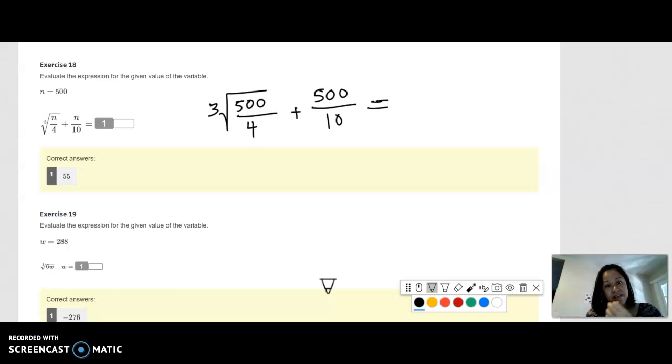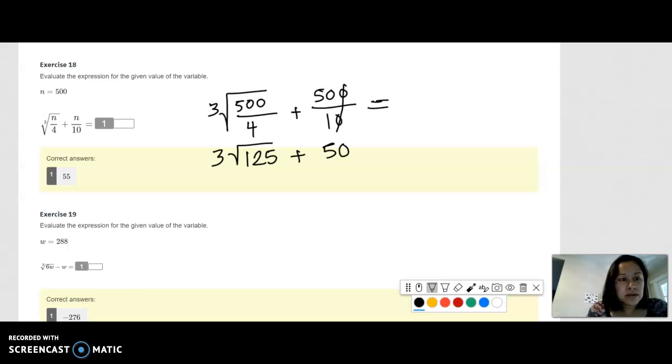So if you do 500 divided by 4, well, we know that 500 divided by 2 is 250. Divide that by 2 again, and you're going to get 125. So now we're really just going to find the cube root of 125. And then we can go ahead and simplify this side here. So you can eliminate those zeros. So really, it's going to be 50 that we're adding.